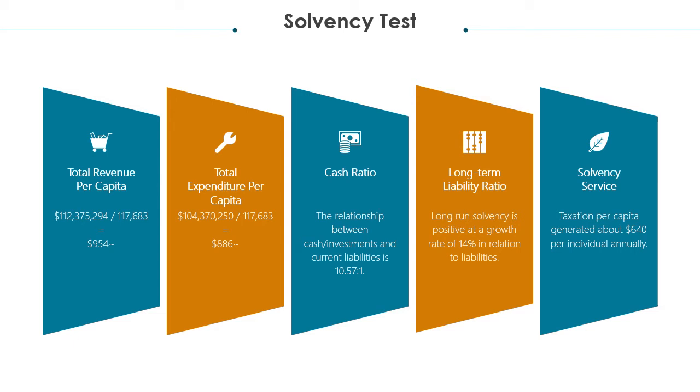And also taking a look at a more comprehensive approach from years past was the long run solvency, which showed a positive growth rate over time of 14% in relation to the total liabilities during that time frame. And then obviously taking a look at taxation per capita, which was also in a very healthy spot, generating about $640 per individual on an annual basis.